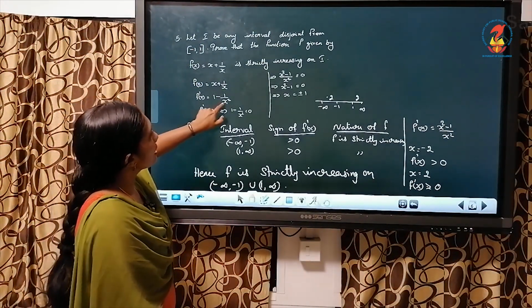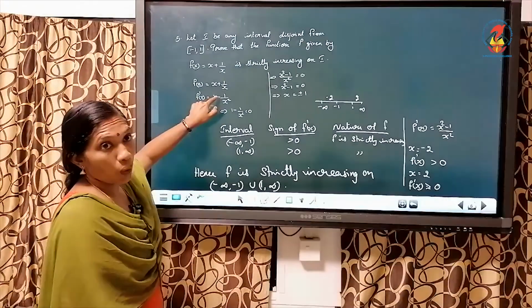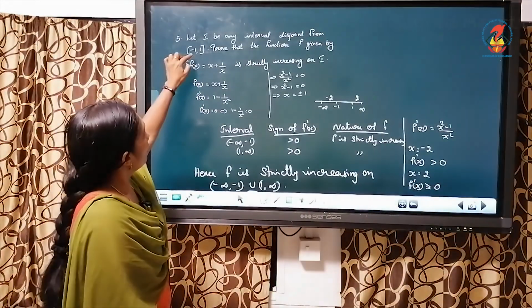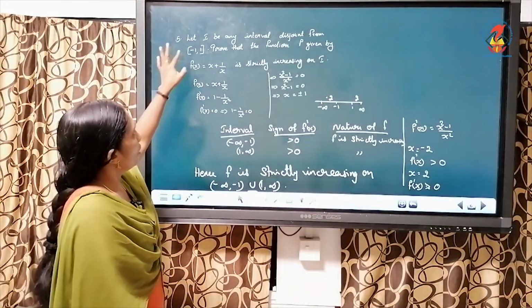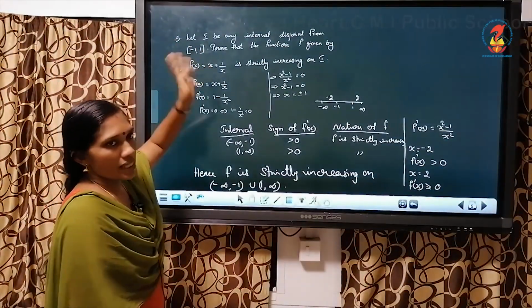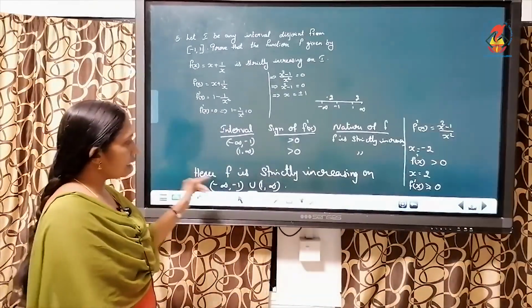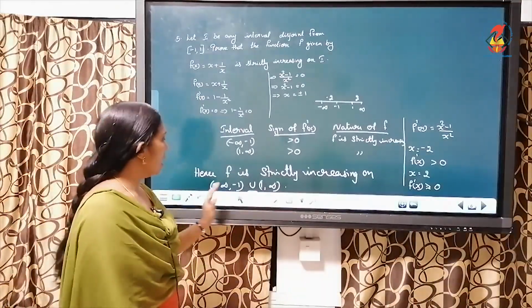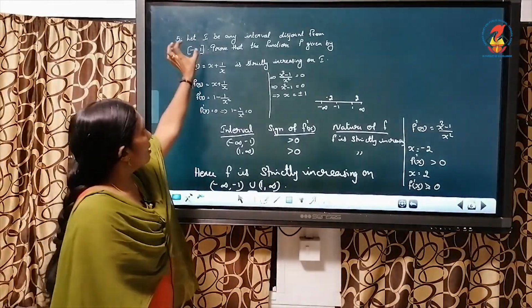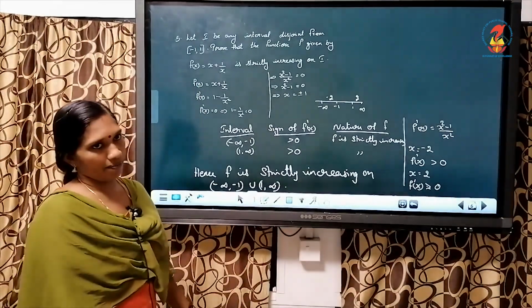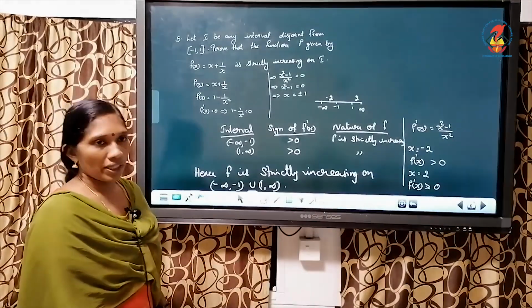If we give x is equal to 1, the function is 0. Then if we give x is equal to minus 1, then also 0. So if we substitute these two endpoints, we get 0. So strictly means you have to put an open interval. So in these two intervals the function is strictly increasing, and in this interval it is decreasing. Okay. So we verify that.